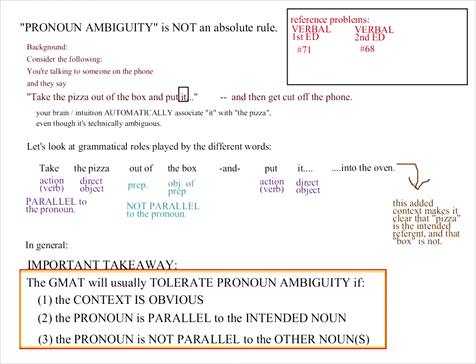So this problem is pronoun ambiguity that does not work. Okay, and then if you want an example of a problem with acceptable pronoun ambiguity, you can go to number 21 in the new edition, which is number 19 in the old edition.